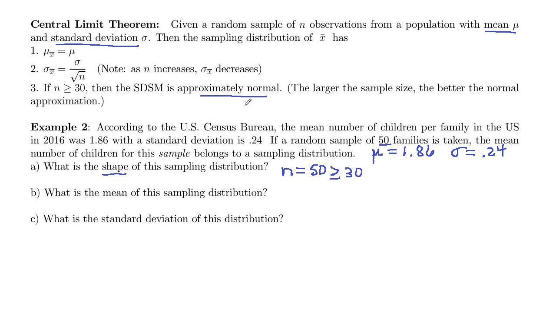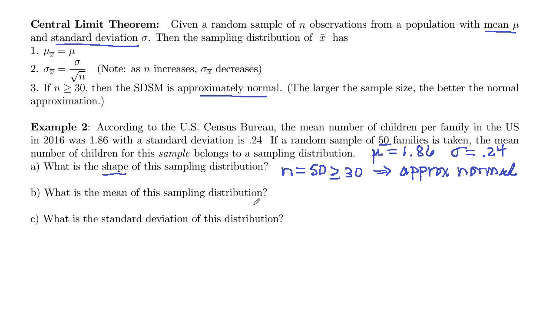And so that means that the sampling distribution is approximately normal. So this tells us that our distribution of sample means is approximately normal. If we take those repeated samples of size 50, we're going to get something that's approximately normal.